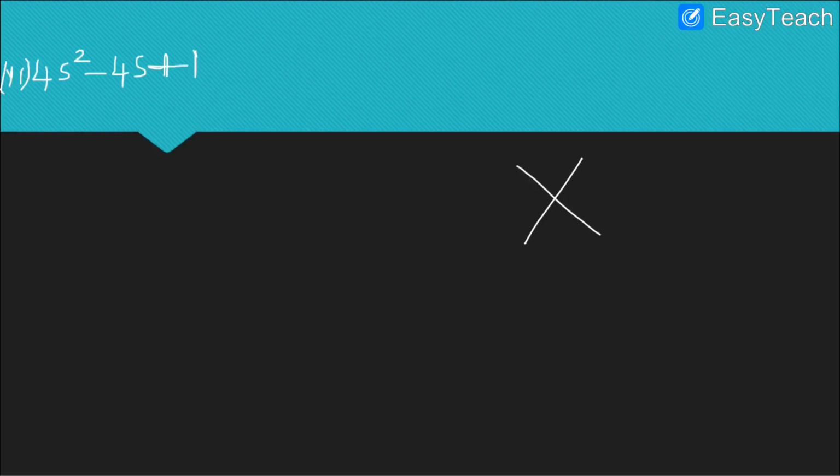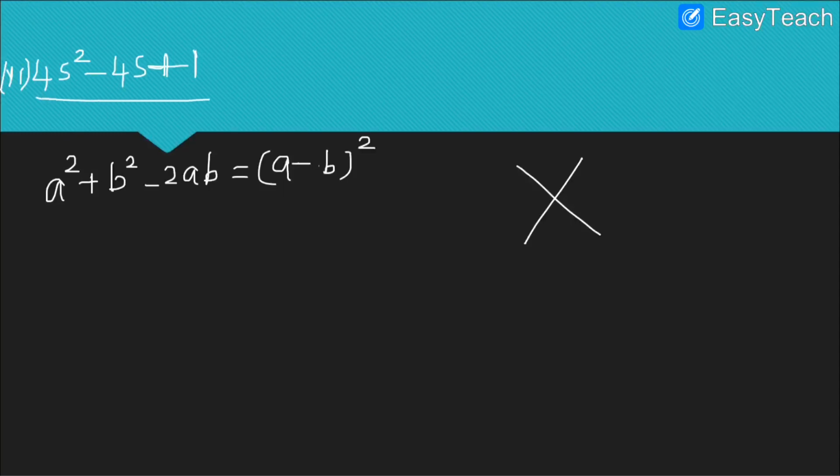Instead, it looks like the form a squared plus b squared minus 2ab, which is, I hope you all know this formula, a very easy one, a minus b the whole square. See, the format of this polynomial looks like this.